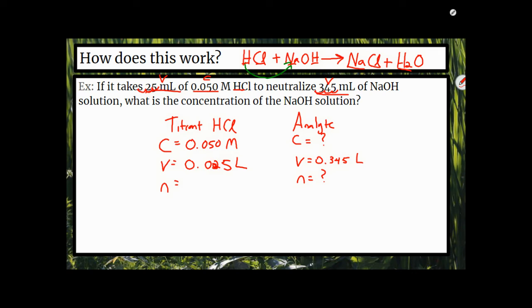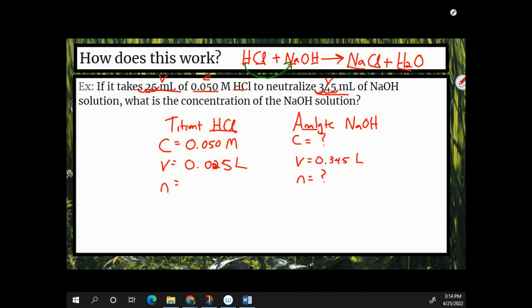So my stoichiometric ratio of hydrochloric acid to NaOH is 1:1, which means however many moles of HCl I have is how many moles of NaOH that I neutralized. So I look here, I have a concentration and a volume.